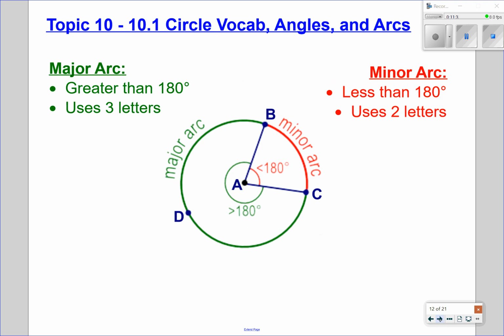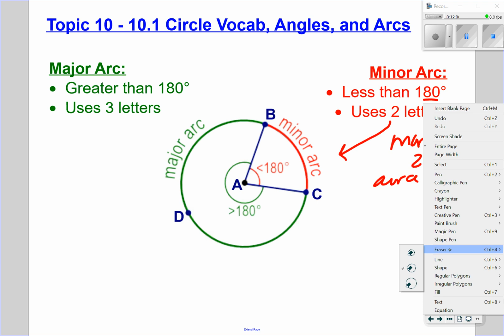So let's go ahead and talk about arcs, a different sort of classification, kind of like what we had. A minor arc is less than 180 degrees and typically is used by 2 letters. You can use more than 2, as long as the arc is less than 180 degrees.